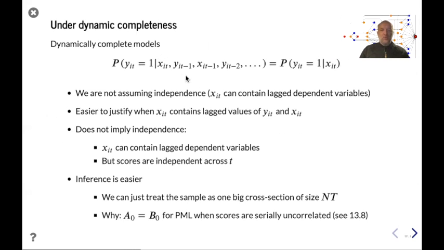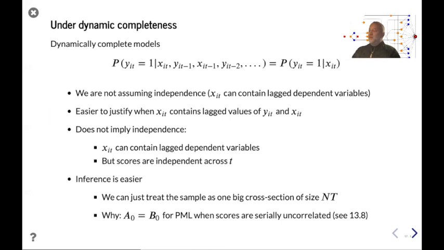A few words more about dynamic completeness. This assumption does not imply independence. So x_it can actually include lags, and it's easier to justify when it has lots of lags. You can also test it by estimating a model where you have, say, labor force participation regressed against kids and kids last period and the period before and so on, so that in the end you have modeled the entire history.